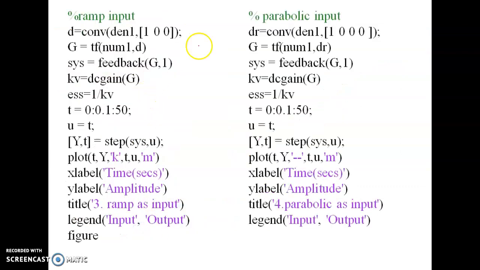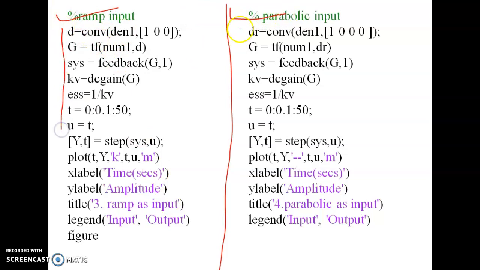Then figure. So if you are adding the other two inputs for the same function, if the type of input is ramp, or if the type of input is parabolic, all these 6 lines are common. Just observe by comparing this. What is the difference? The converted version of the denominator is nothing but s square.